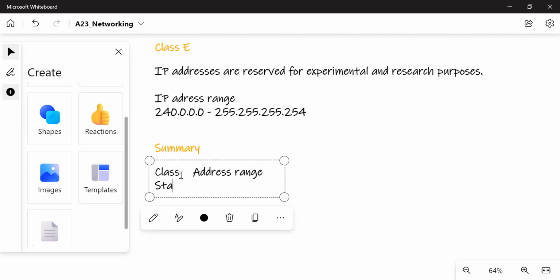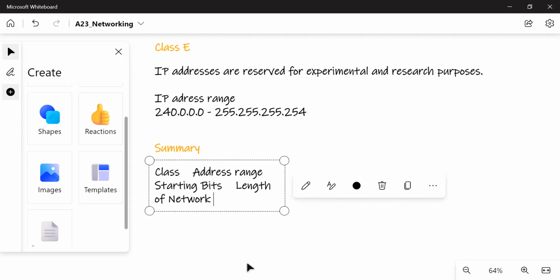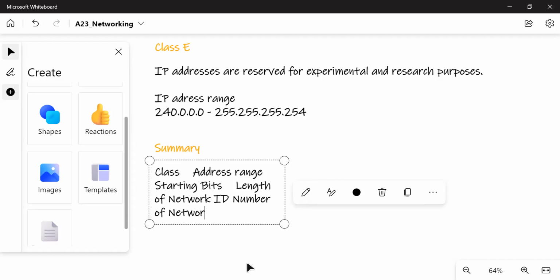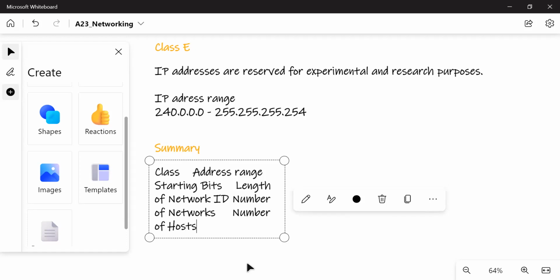Then we can have the starting bits, then we can talk about length, the number of networks, and then the number of hosts.